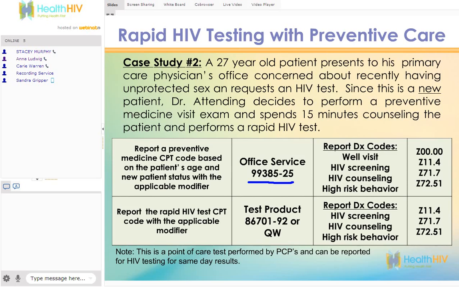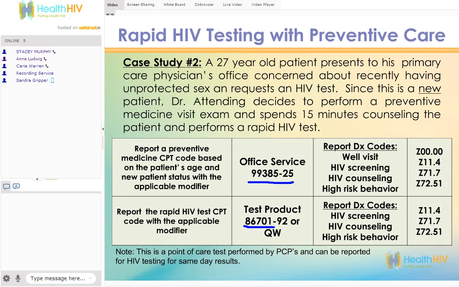The physician also did a rapid test. So at the bottom of the screen, you'll see the code 86701. It was selected based on the methodology. Because during this encounter there was an HIV test done, this particular payer wants the E&M reported with Modifier 25.